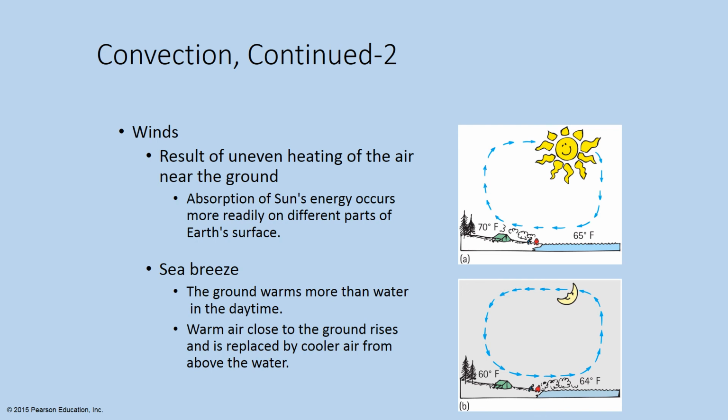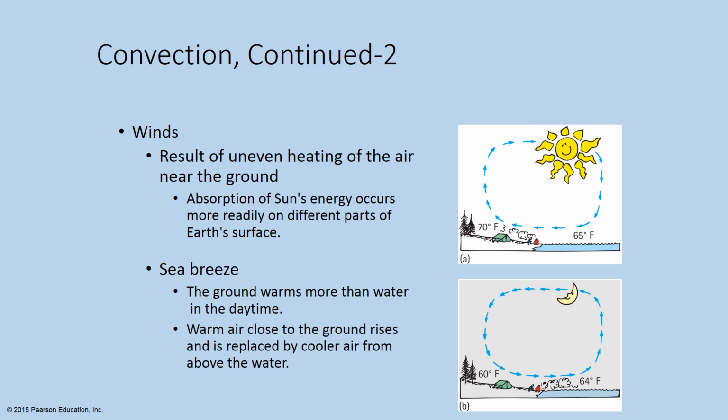Now, once this occurs and we get a higher temperature on the land, the air at the surface in contact with the land will be heated up by the land and begin to rise vertically because it will be less dense. You see the arrows going in the upward direction right above the land.